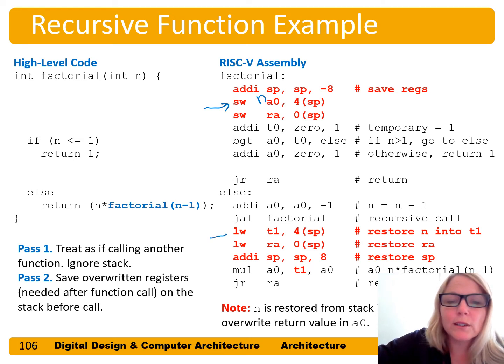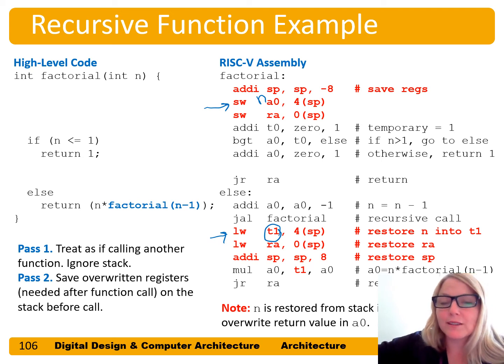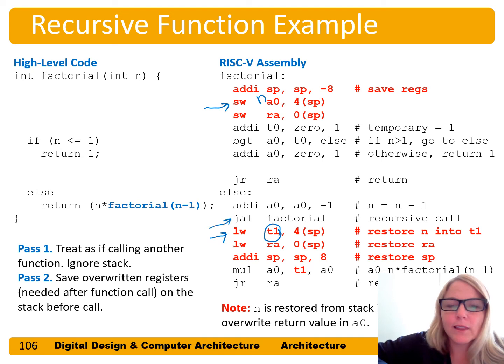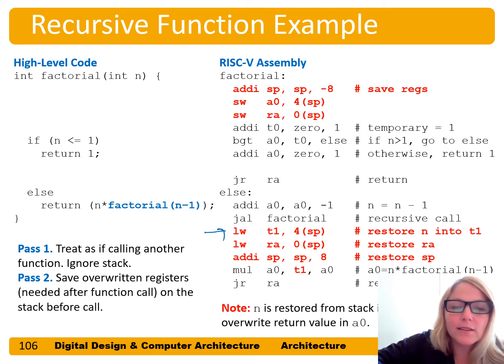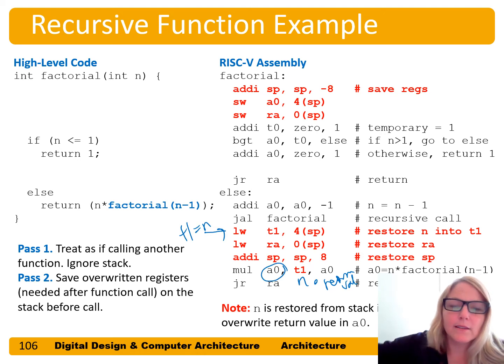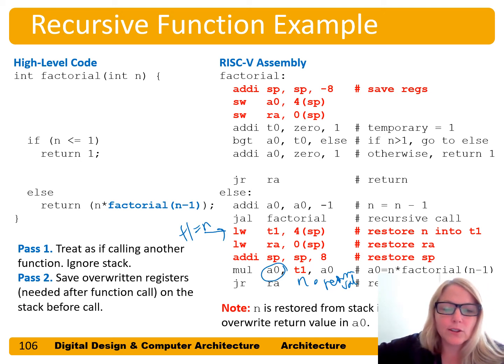But we're going to restore it into T1, some temporary register, instead of A0. Why is that? Well, we don't want to overwrite what that last call to factorial returned. So T1 holds the value n, and now we have n times the return value, and we're going to put that in the return value of this function.